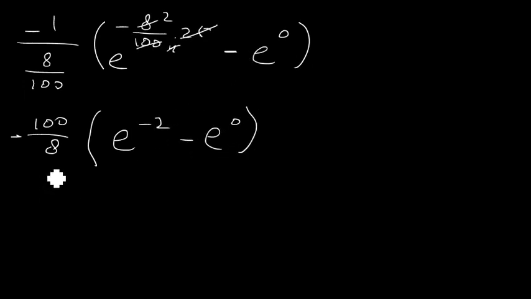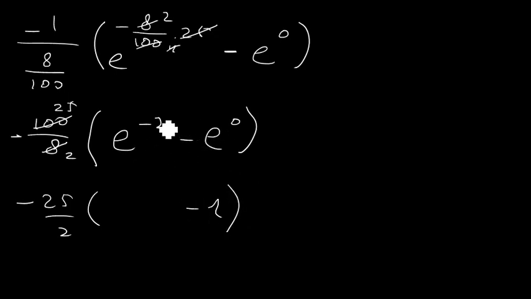We can divide by 4, so 100 over 8 becomes 25 over 2. For this case, I believe it's better to use a calculator. The e to the power of 0 is 1, and e to the power of minus 2 you can plug into the calculator.